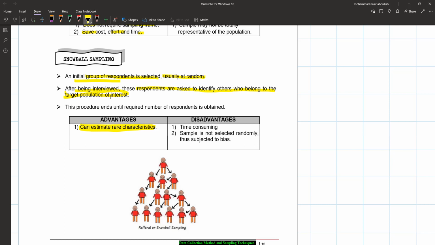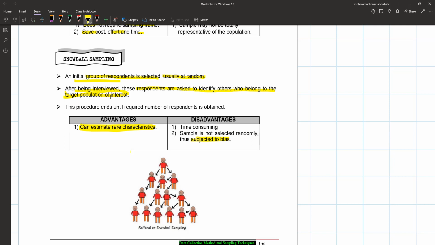It must be under a certain group ataupun population, persatuan ke, right? So you nak tanya member dalam persatuan, so it must be based on recommendation to get the other members in that club lah. So it's very time consuming, right? To get another sampling unit is very time consuming. The sample is not selected randomly, so it is going to introduce a bias lah.